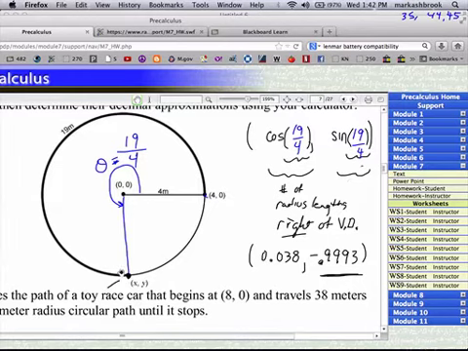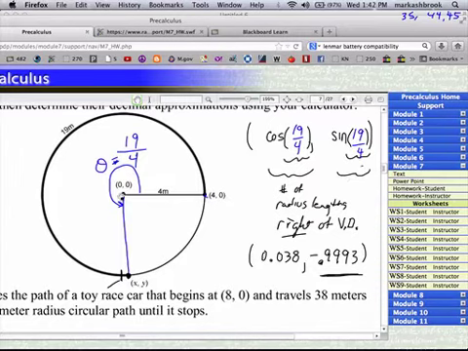What about the very bottom of the circle? How many radius lengths below the horizontal diameter are we? 1. So this is just a little bit above that. So it's almost 1 radius length below the horizontal diameter. That should make sense. And then how far to the right are we?